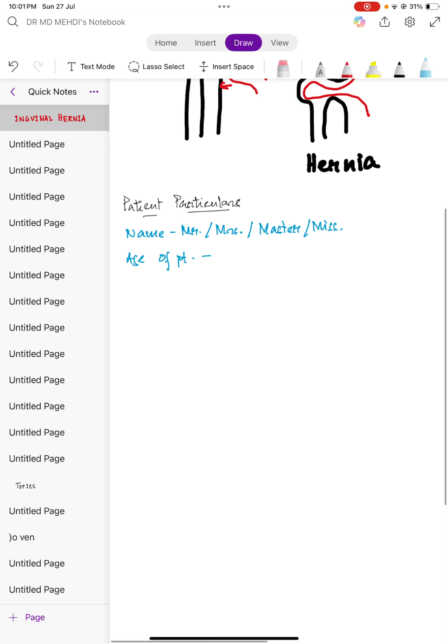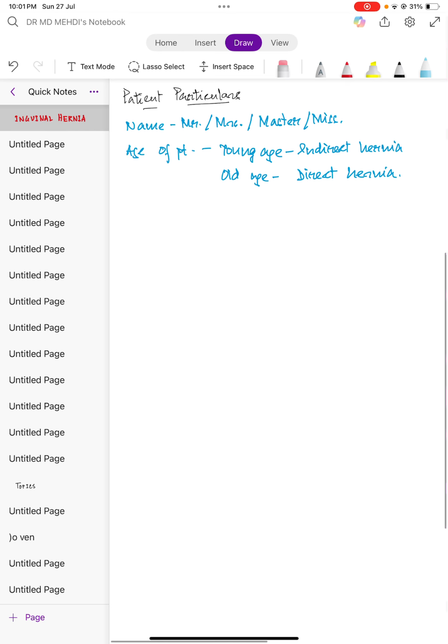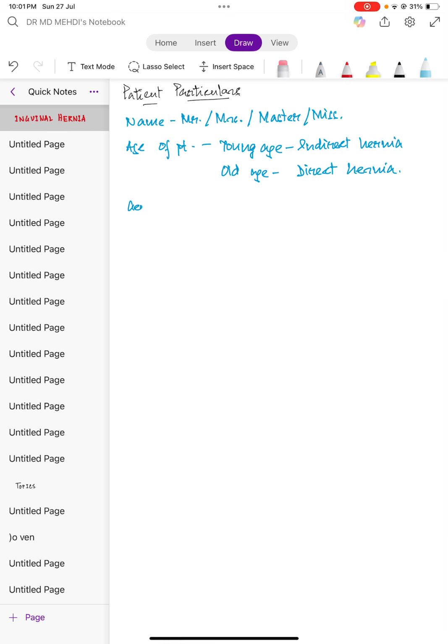Now, why is it important? The age of the patient is important because in young age it is usually an indirect hernia. In old age, it is usually a direct hernia, but it is not a hard and fast rule. After that, we have to know about the gender of the patient.